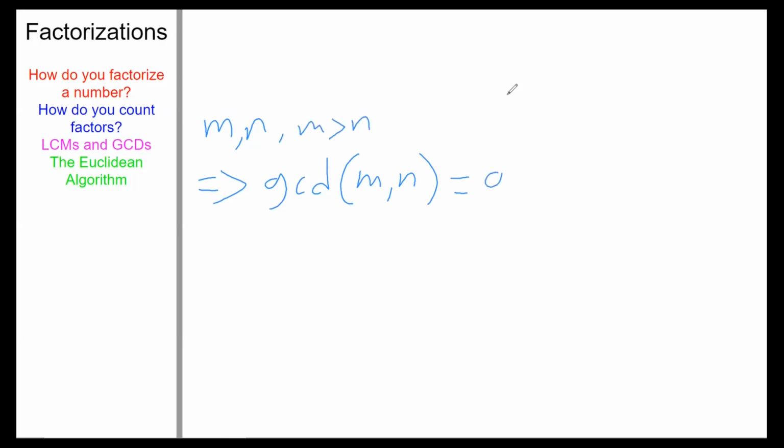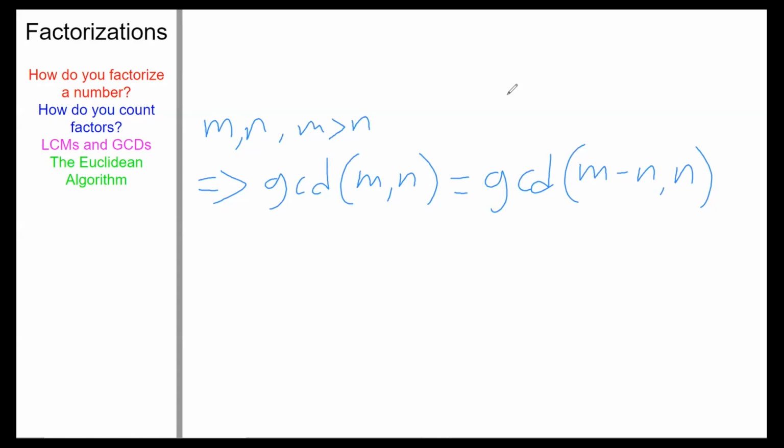Then the GCD of m and n is always equal to the GCD of m minus n and n. An algorithm is basically a series of steps in which you can find the result. So this would be one of the steps.